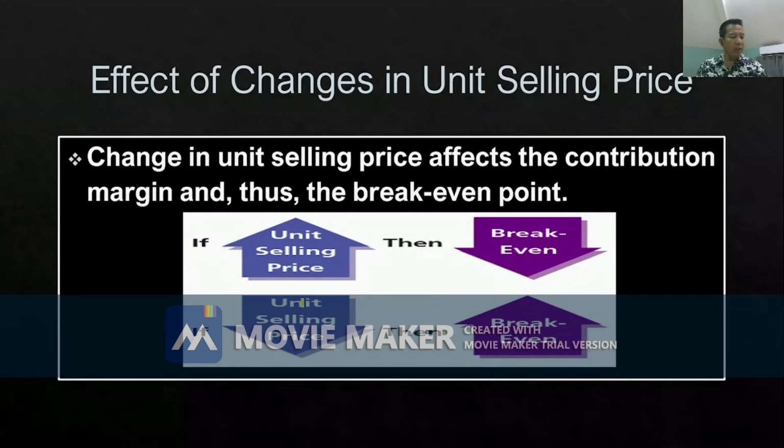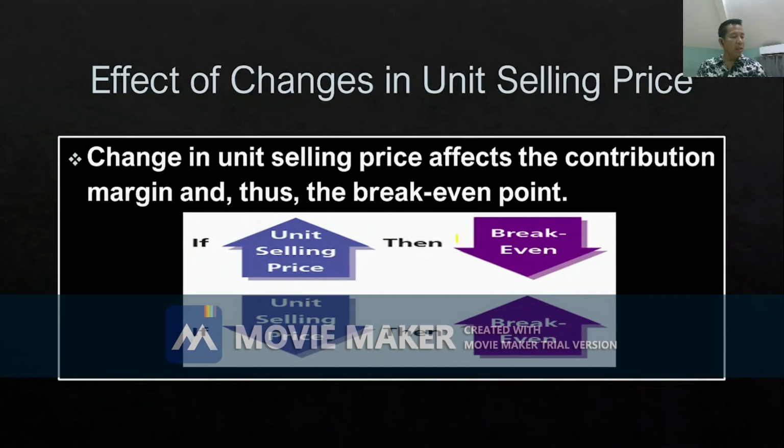So, fixed costs do not change in total. Unit variable costs do not change with changes in the level of activity. However, unit variable cost may be affected by other factors such as changes in the cost per unit of direct materials, changes in the wage rate for direct labor, or changes in the sales commission paid to salespeople. So increases in unit variable cost increases the break-even point.